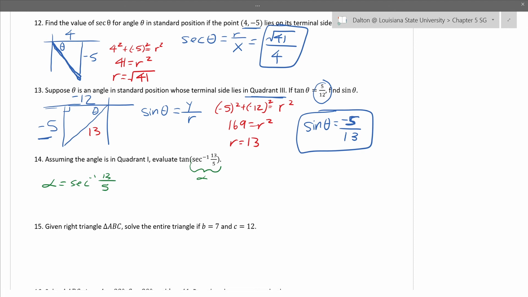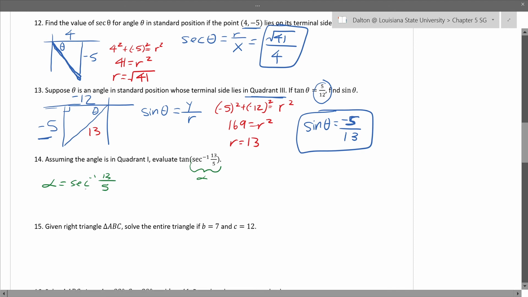To isolate 13/5, the inverse of secant inverse is literally the secant. So if I take the secant of both sides, I get the secant of alpha is equal to the secant of secant inverse, which cancels, giving 13/5.